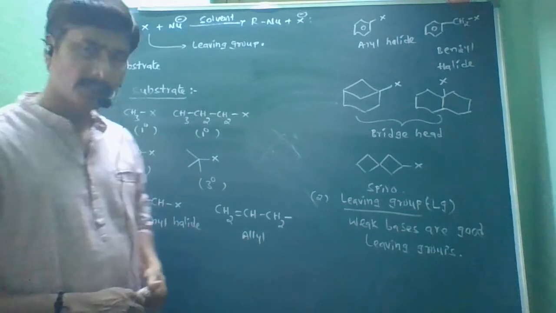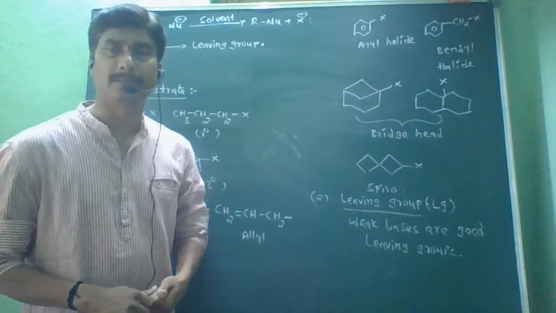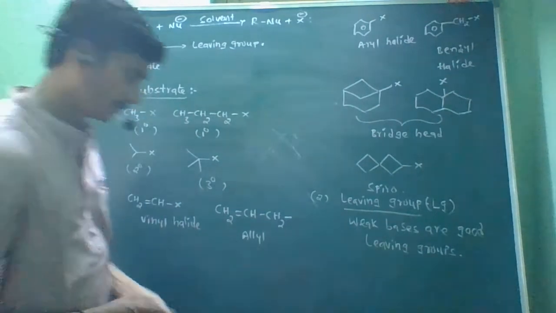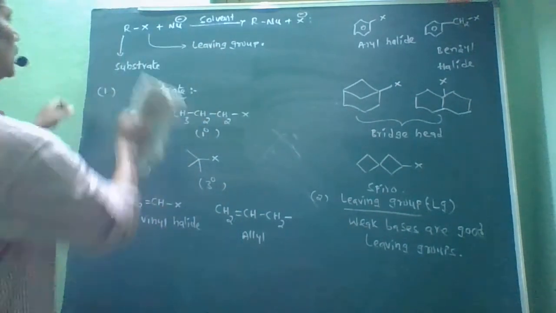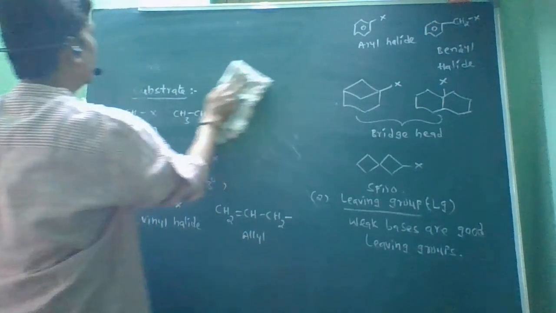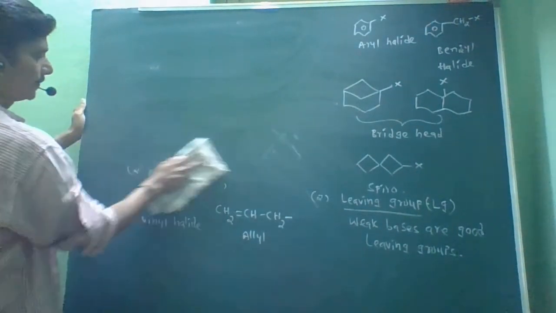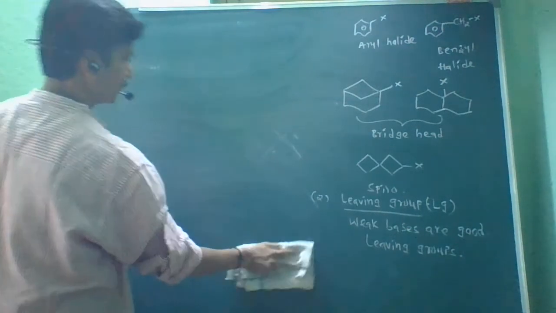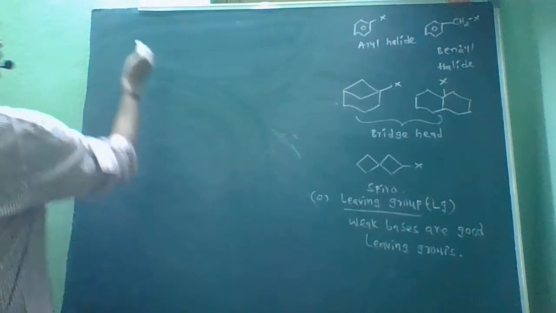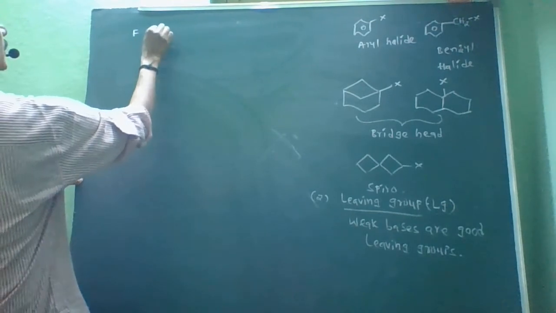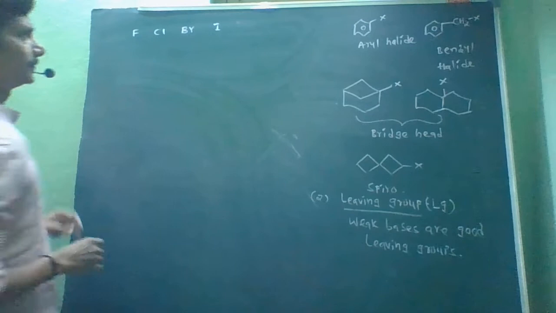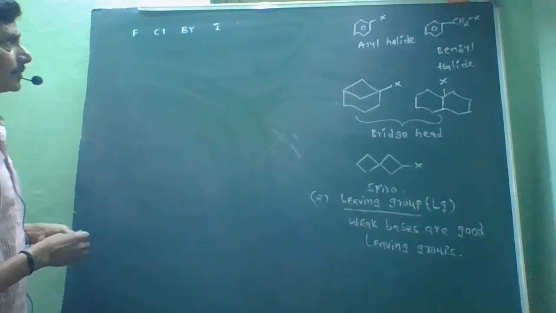If you see fluorine, chlorine, bromine, iodine, these are the halogens.